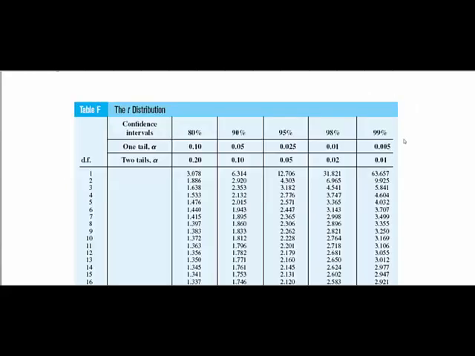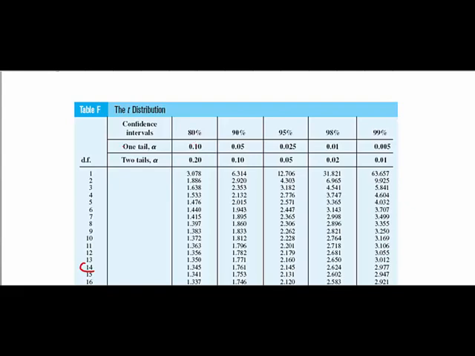Now here we have a t-chart, and this t-distribution chart is based on degrees of freedom. As we found, we are going to look at 14 degrees of freedom, and move along to check, based on this table, what our critical value is.